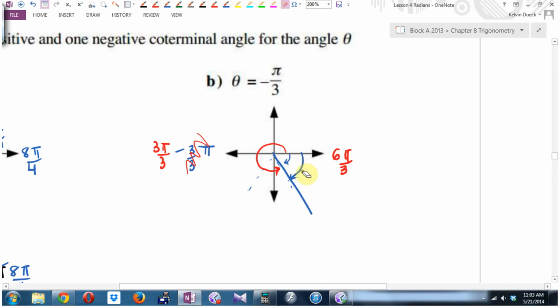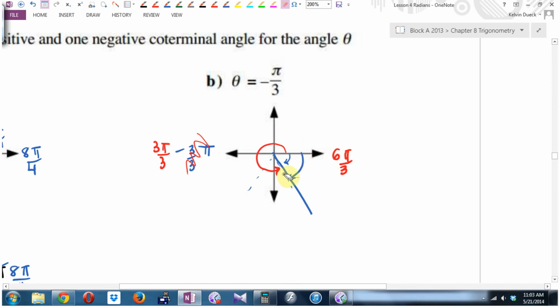How big did you tell me this angle right here was? Can you speak louder? I can't hear a word you're saying. So it's pi by 3 big, negative, but it's pi by 3 big? So you ready? Look up. How far all the way around? 6 pi by 3. So how far from here to here?